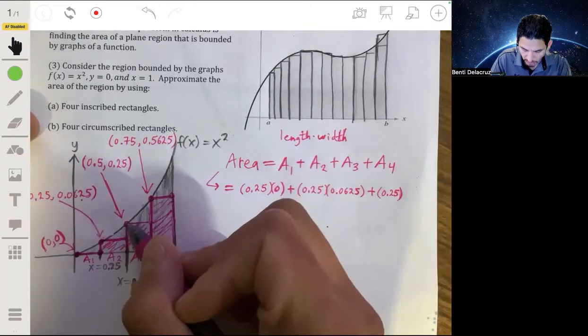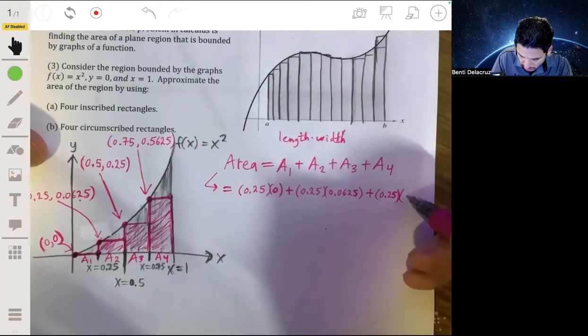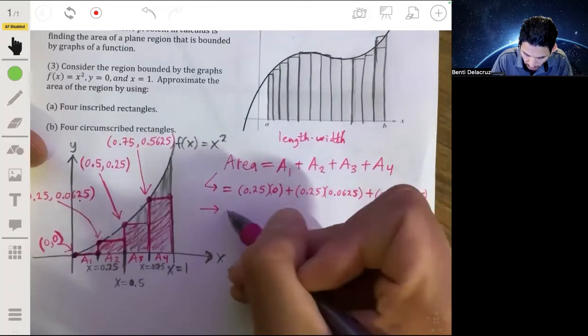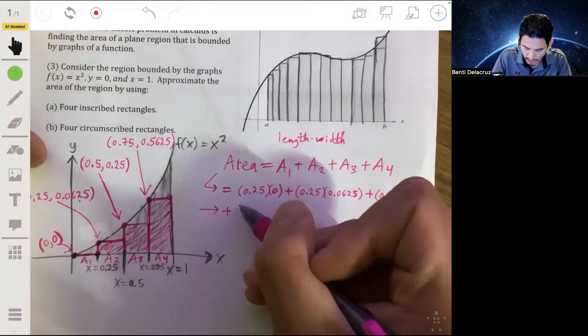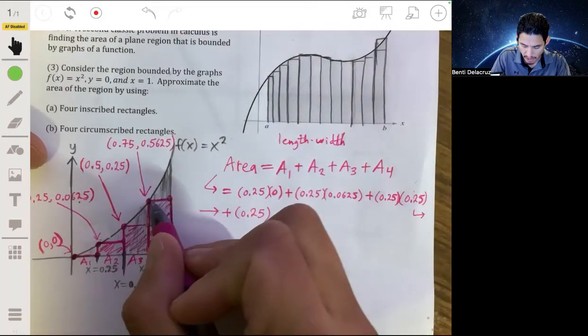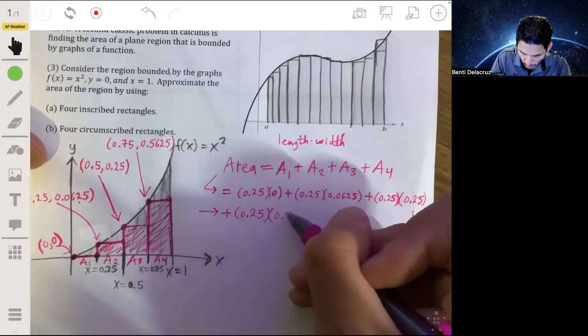The height is given by the y-coordinate of this point, which is 0.25, so it's 0.25 times 0.25. And then to that, we're going to need to add the area of A4, which again has a width of 0.25 and a height of the y value over here, which is 0.5625.